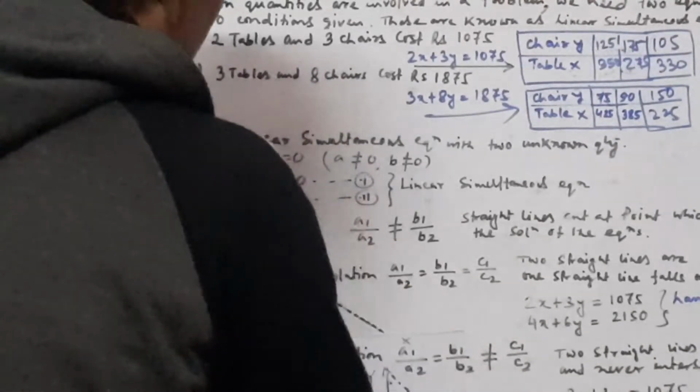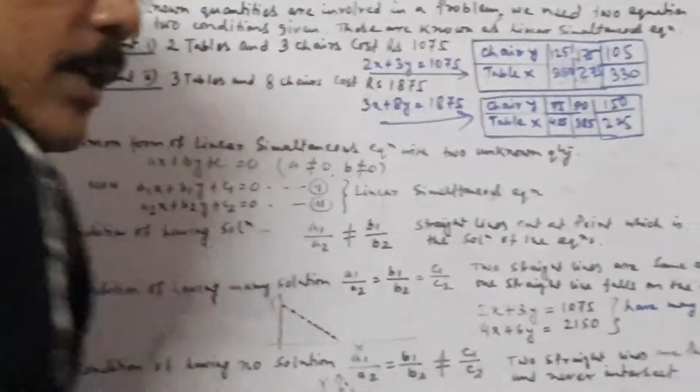So, these two equations together are known as linear simultaneous equations.